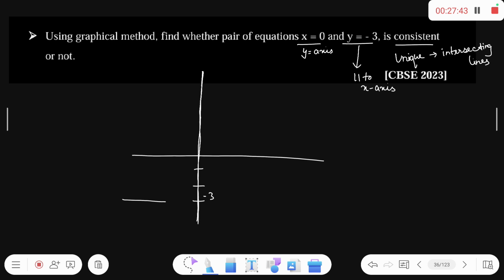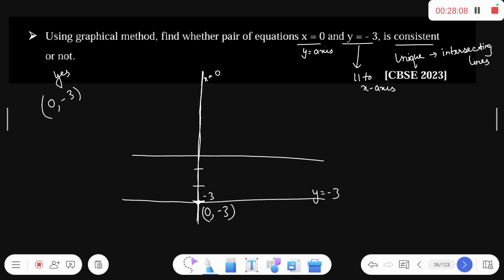So this is the solution for y is equal to minus 3, and this is the solution for x is equal to 0. Both the lines meet at the point whose coordinates are 0 and minus 3. So yes, they are consistent and the solution is 0 comma minus 3.